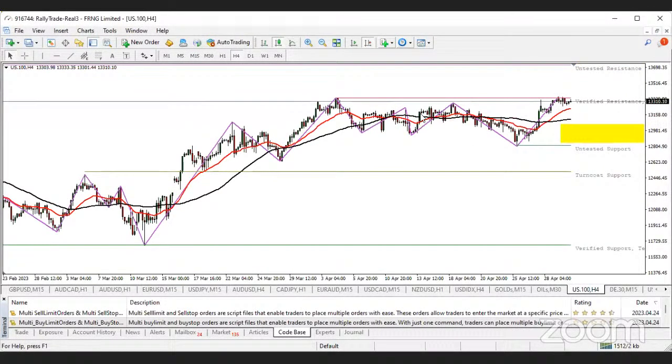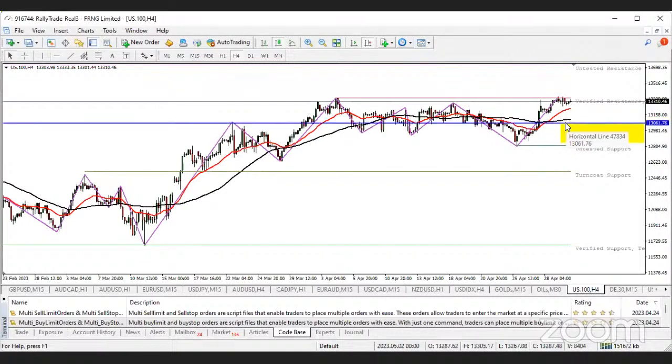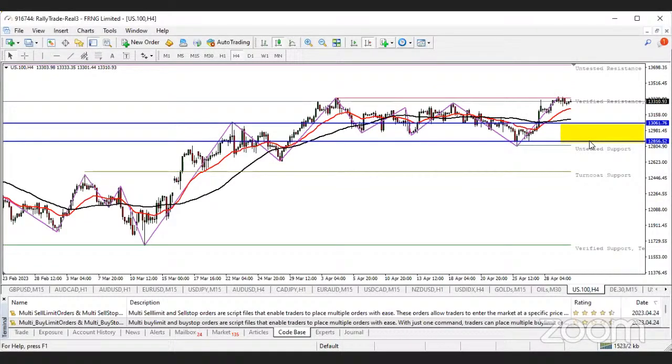So if you're looking forward to a sell trade, then you can look at a sell between these zones: 13,061.76 and 12,856.52.